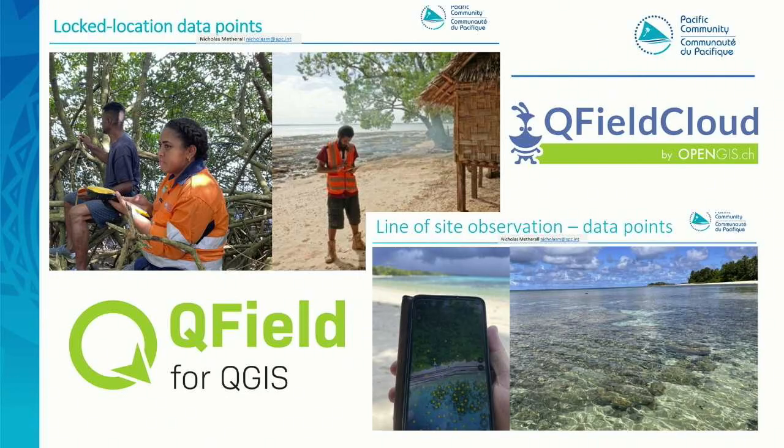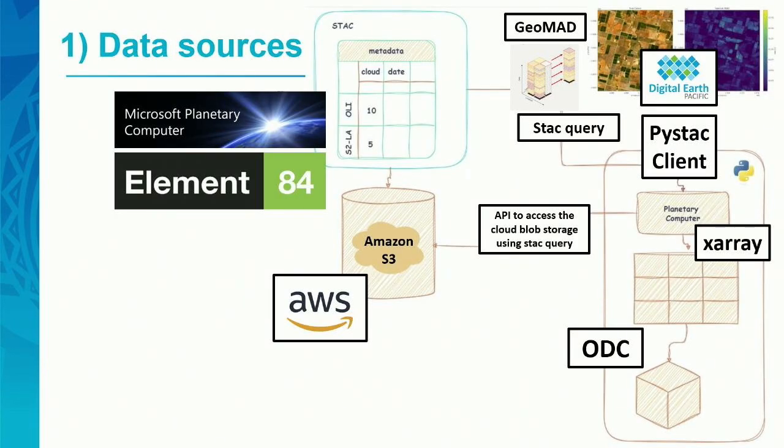So in terms of the data sources for the satellite data, we've relied originally on the Microsoft Planetary Computer STAC catalog, Sentinel-2 L2A, but we've also, working with Alex Leith, built this GeoMAD product, which is kind of like a cloudless mosaic. It's a geometric median and median absolute deviation, so it's more statistically robust.